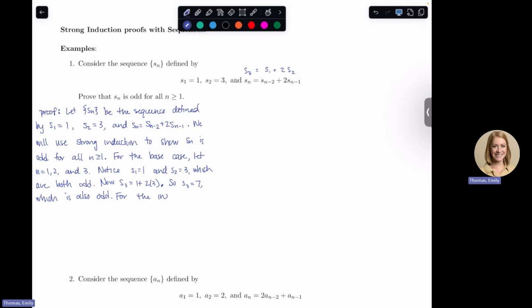For the inductive hypothesis, assume for all I with 3 less than or equal to I less than or equal to K that S sub I is odd.